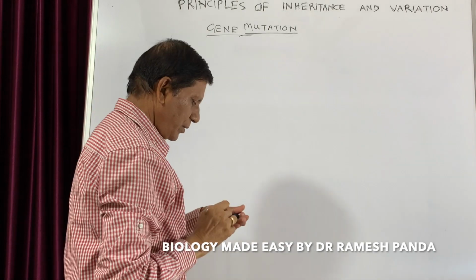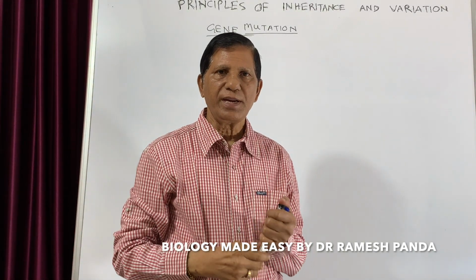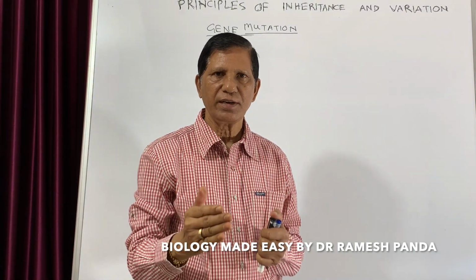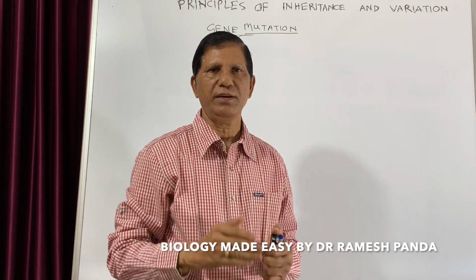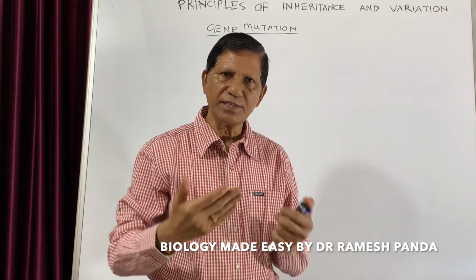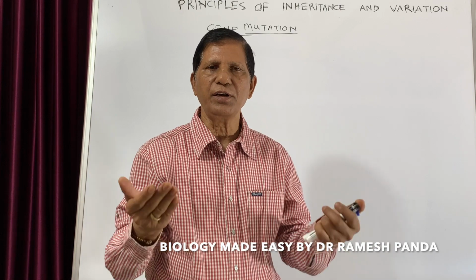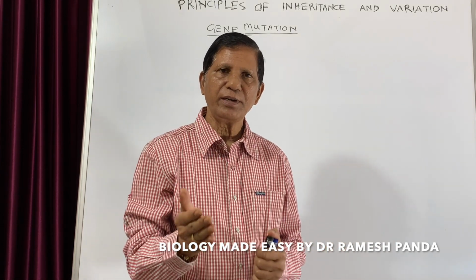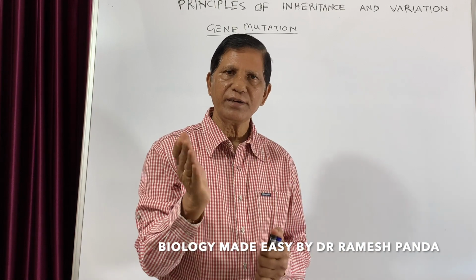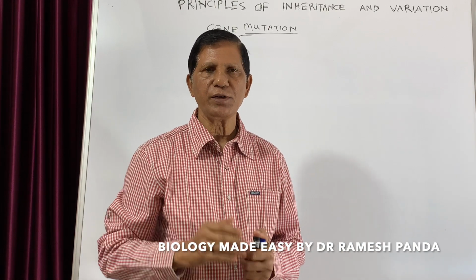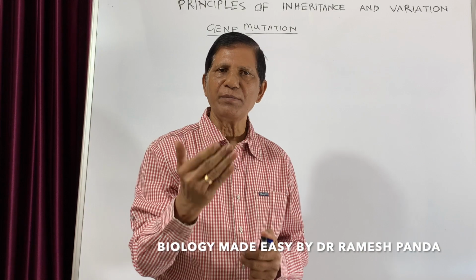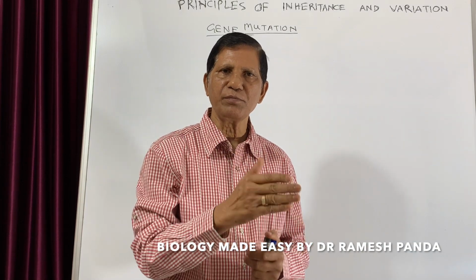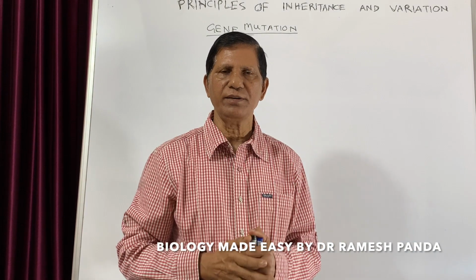Gene mutation is a sudden change in the base sequence of the DNA that changes the characters of the organism. What is the basic difference between the genomic and chromosomal aberration and gene mutation? Usually the chromosomal aberrations and genomic mutation, that is polyploidy, are observable from outside.